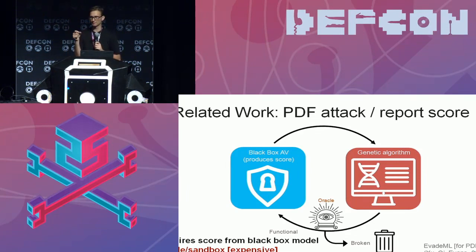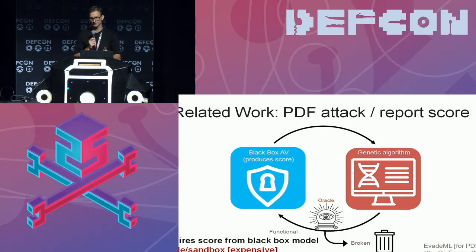So elements of a malicious sample will take structures or elements, in this case for PDF malware, and it will insert elements randomly, mutate sort of the DNA of the malware, and pass it back to the machine learning model. And if I see that it's decreasing its score, well, then I'm going to keep that malware sample around for the next round, the next generation of breeding. And after doing this for 2 weeks, you can evade these kind of classifiers.